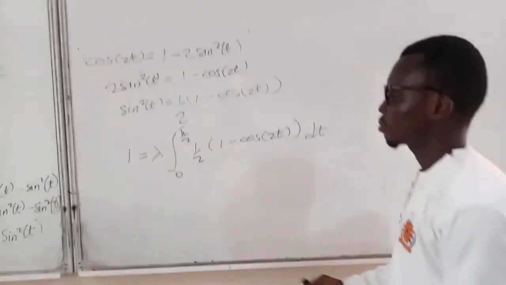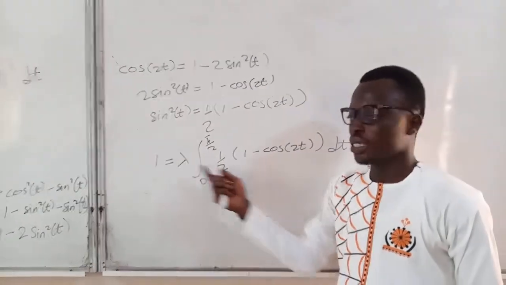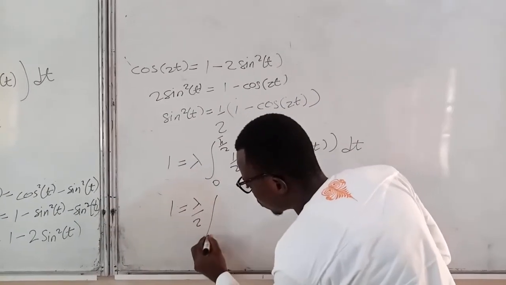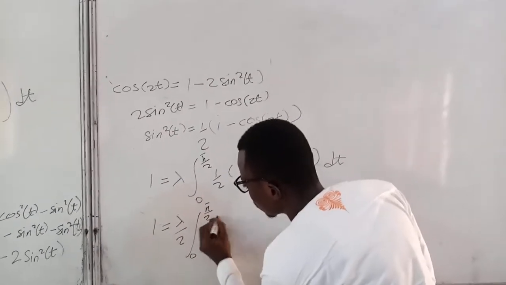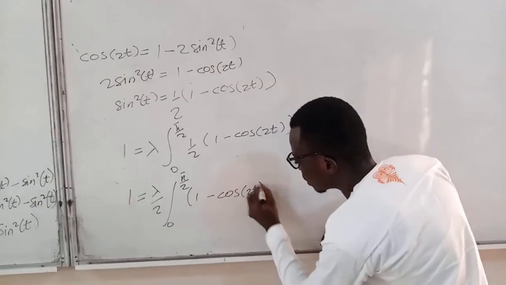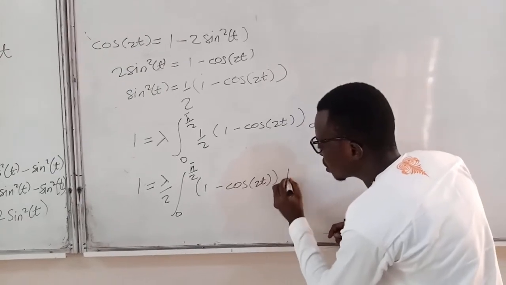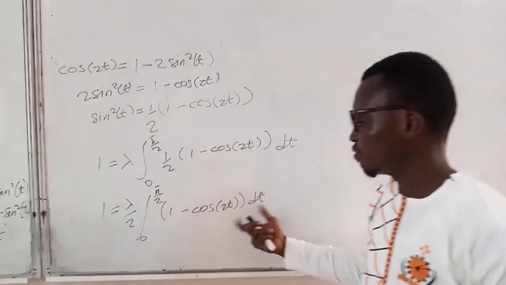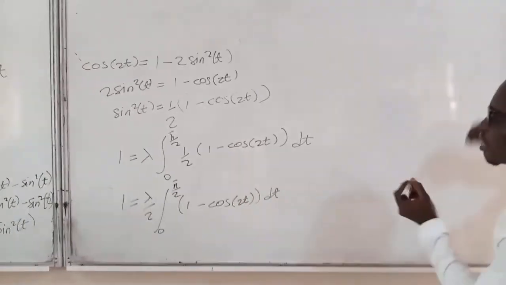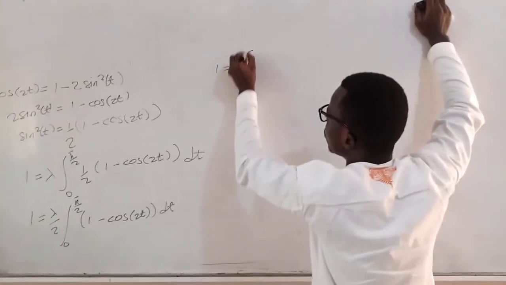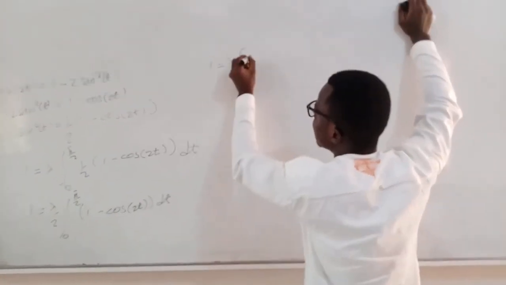Our half is a constant, can easily bring it out. We have 1 equal to lambda on 2 times the integral from 0 to pi on 2 of 1 minus cos 2t dt. If we integrate 1, we're going to have t. So here becomes 1 equal to lambda over 2, then t.